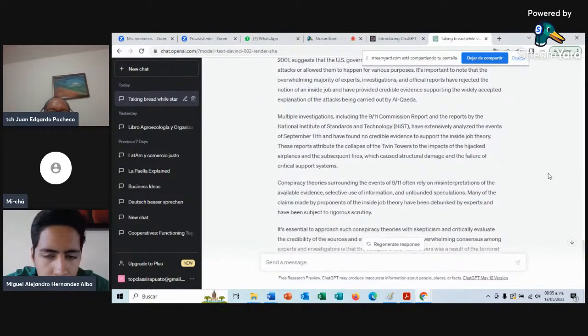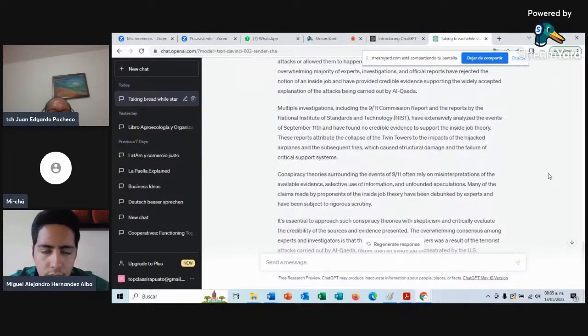Okay. Can you read the second paragraph, please? Multiple investigations, including the 9/11 Commission report and the reports by the National Institute of Standards and Technology (NIST), have extensively analyzed the events of September 11th and have found no credible evidence to support the inside job theory.